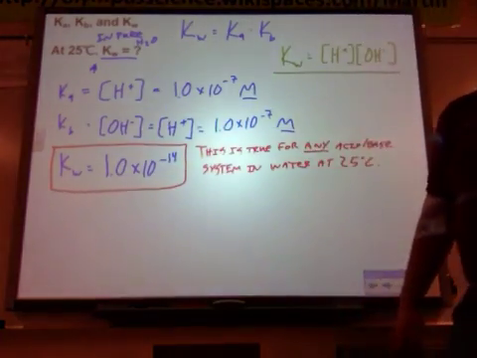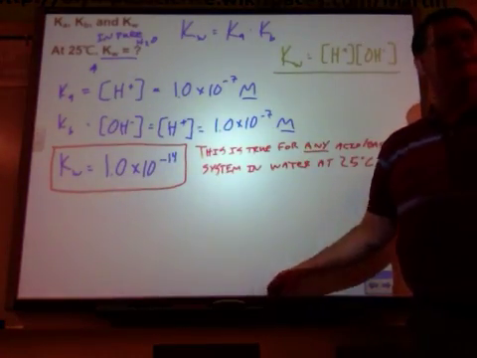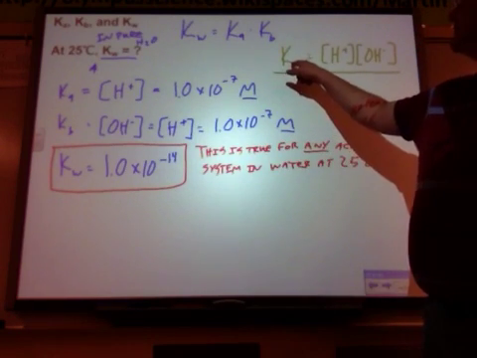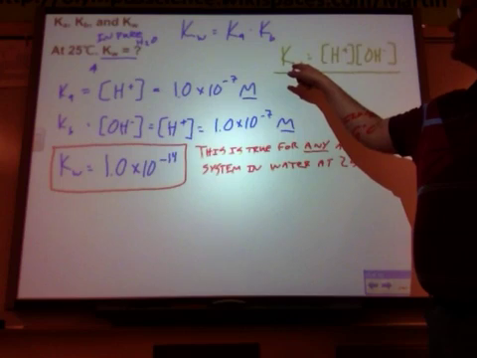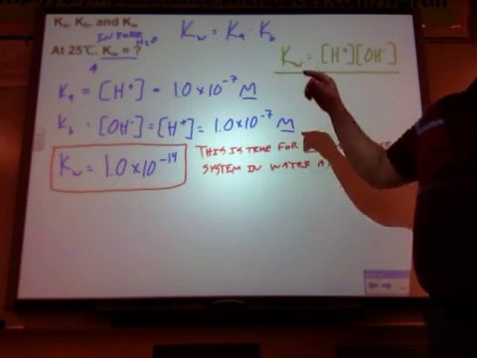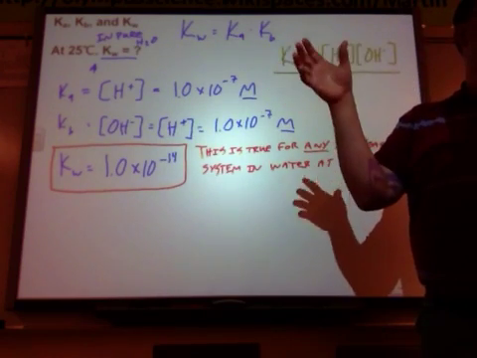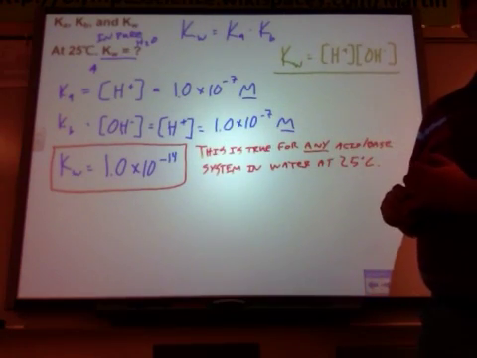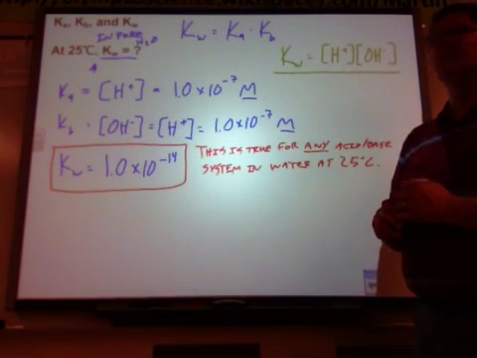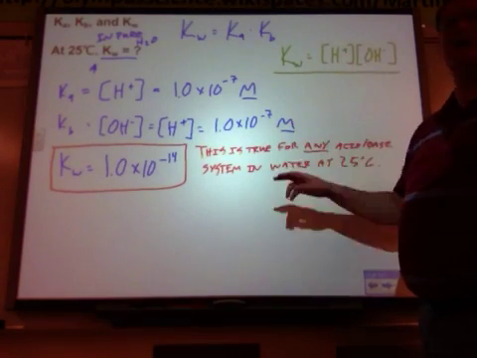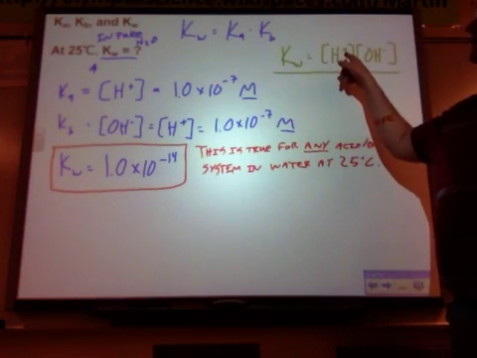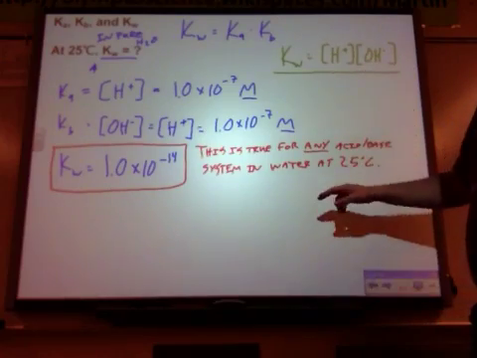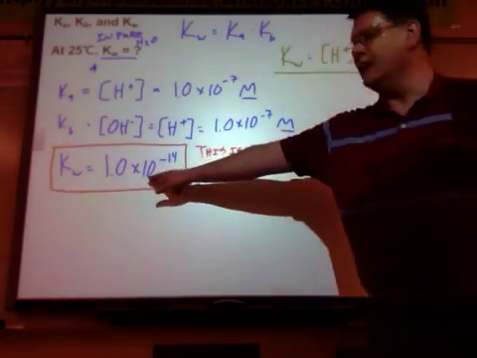That's the definition of Kw. We've talked about dissociation constants for different reactions. This is a specific dissociation constant for the reaction of water auto-dissociating into hydroxide and hydrogen ion. And that holds true regardless of what these relative values are. If this one is higher than 10 to the minus 7th, this one by definition has got to be lower. It'll always balance out to give you this value.